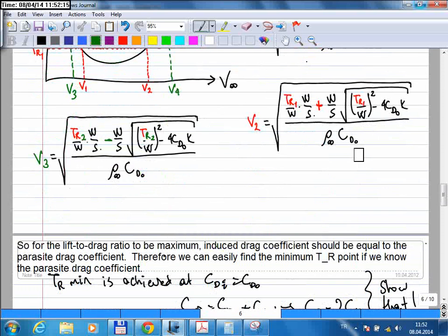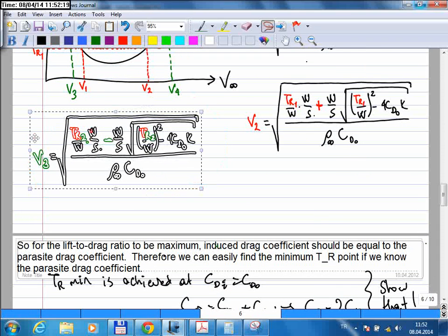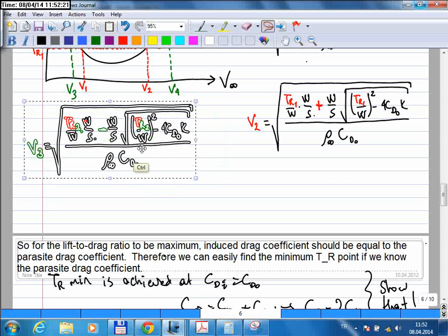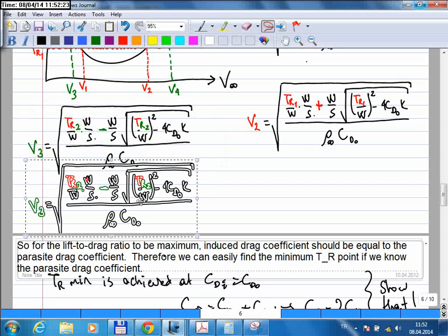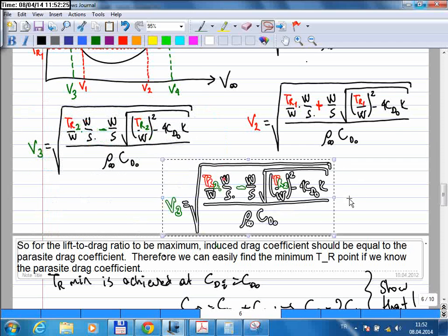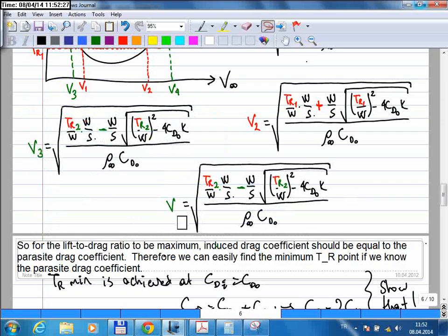And finally, for V4, I should use the positive solution. Okay, so that's what that equation really means.